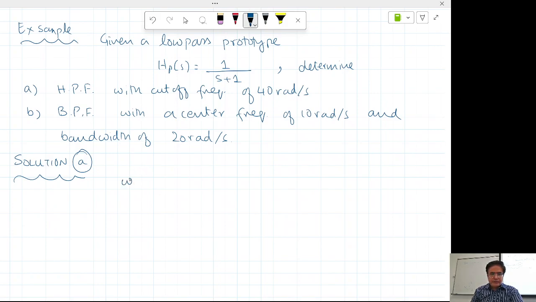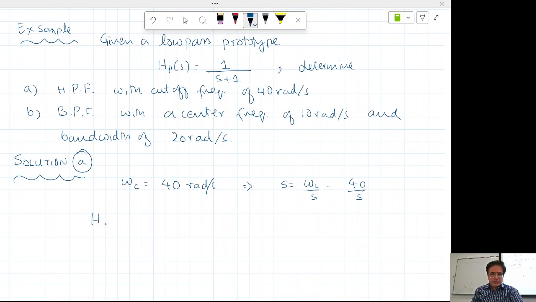So here the cutoff frequency omega c is 40 radians per second. That implies we need to replace s with 40 over s.